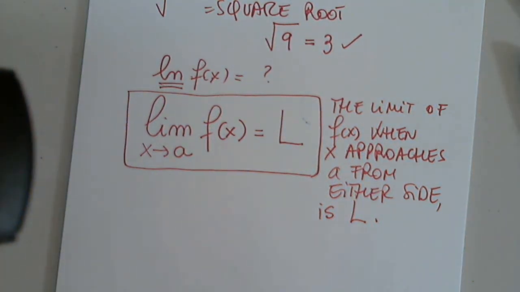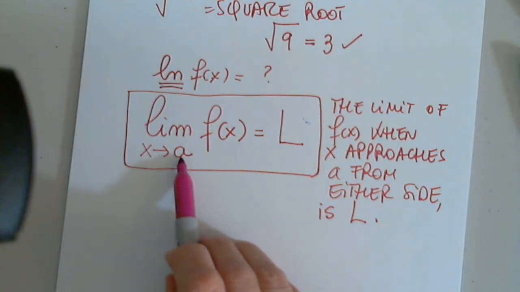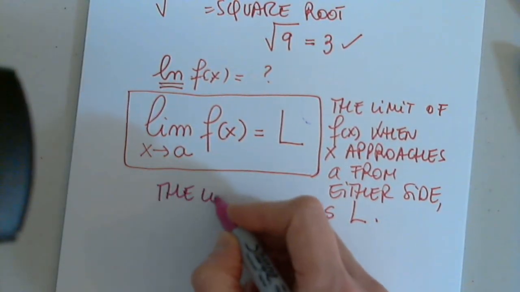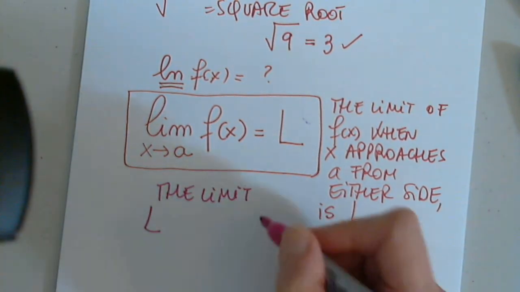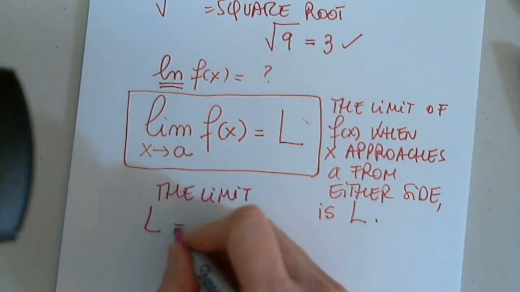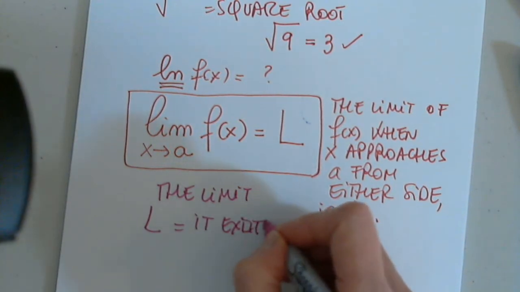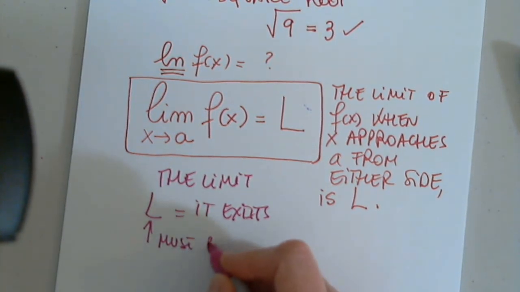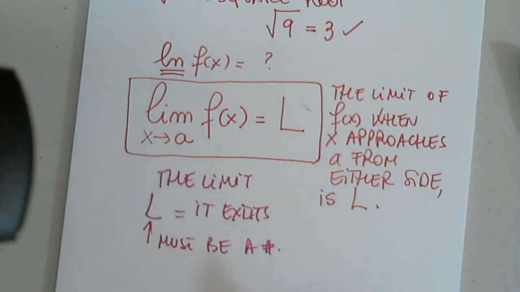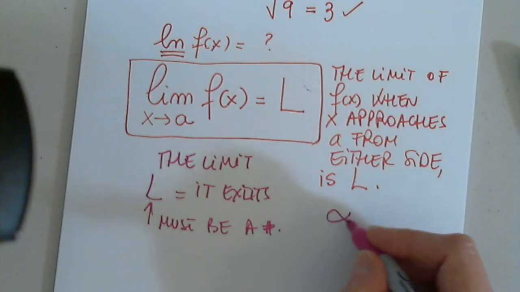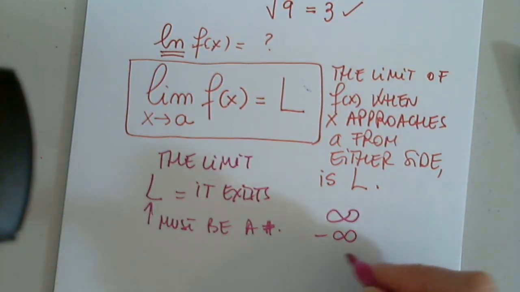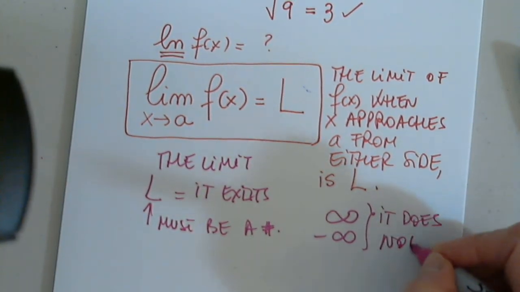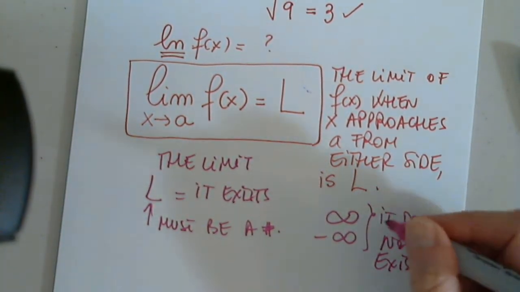Sorry about that. So the limit of f of x when x approaches a from either side is L. The limit L means it exists. L must be a number. If it is infinity or negative infinity, we will say basically that it does not exist. What is the limit?